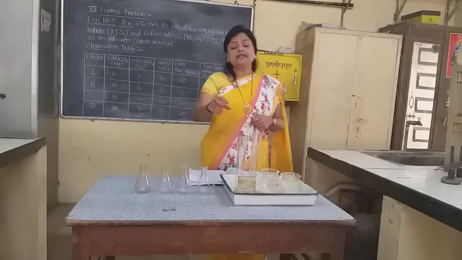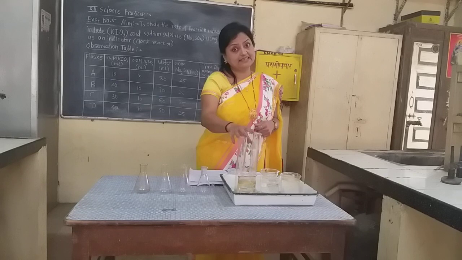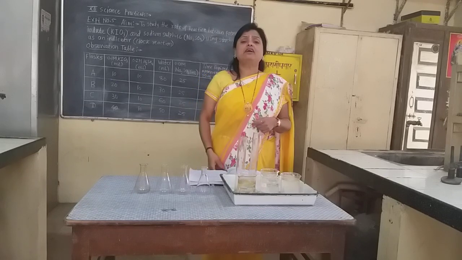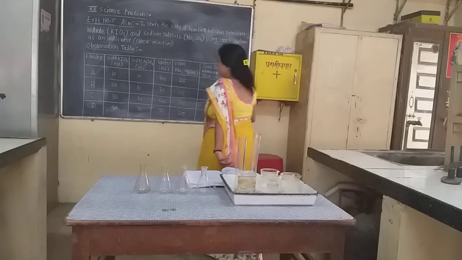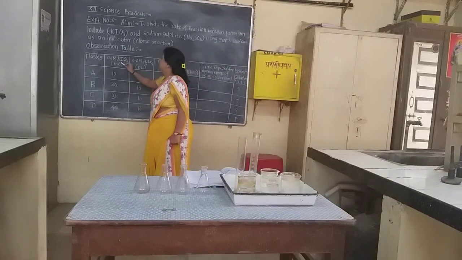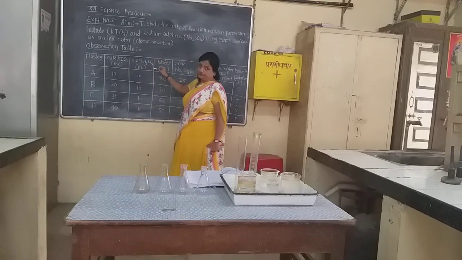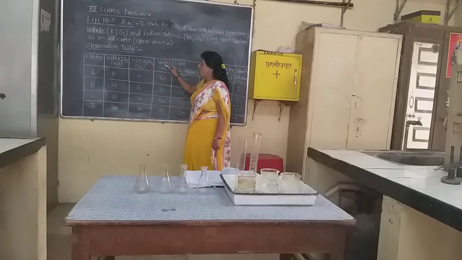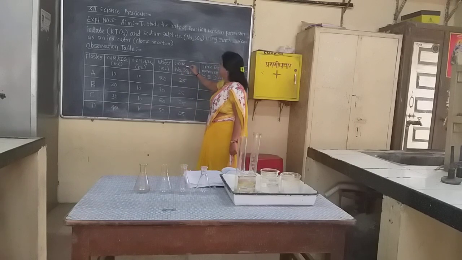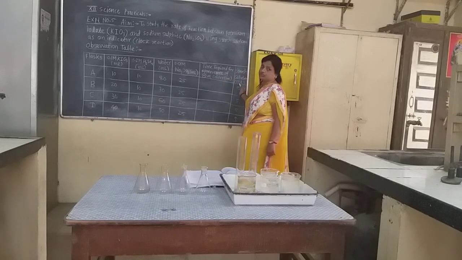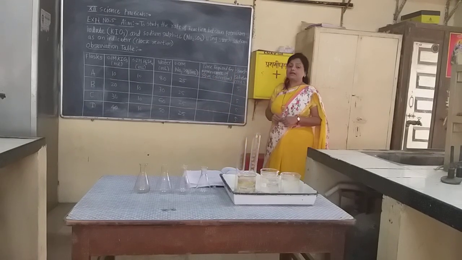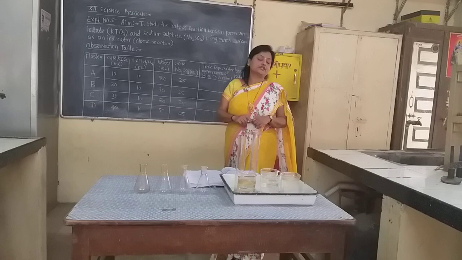Then we require the measuring cylinders and 5 different beakers containing 0.1 molar potassium iodate, 0.2 molar sulfuric acid, water, 0.01 molar sodium sulfite solution, and starch solution.